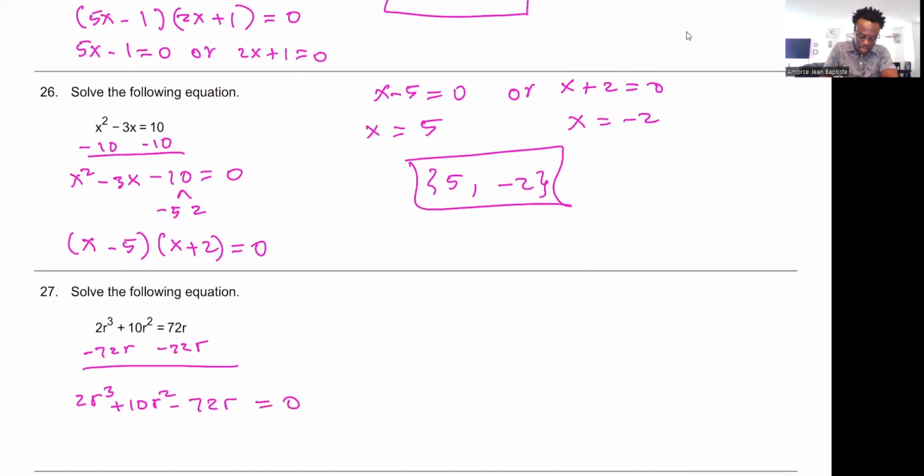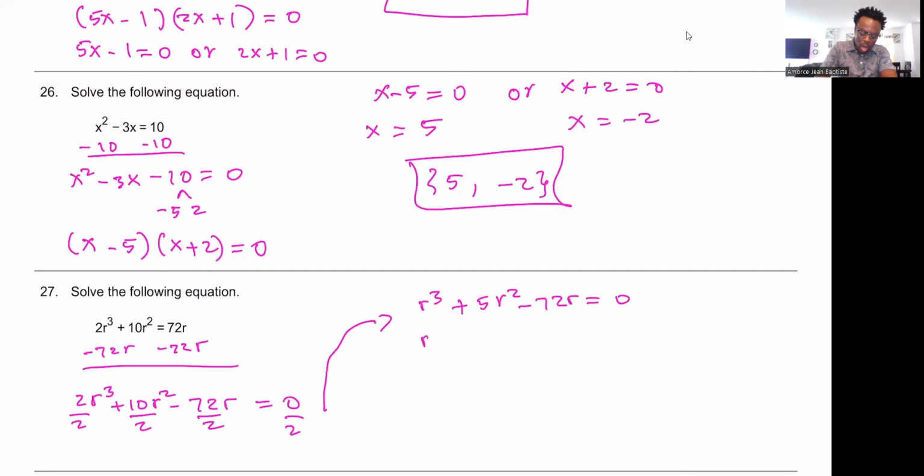Since we have 2 in all the terms, we can divide by 2. You cannot divide by 2r, but you can divide by 2. And then that gives you this new problem here: r to the third plus 5r squared minus 36r equals 0.